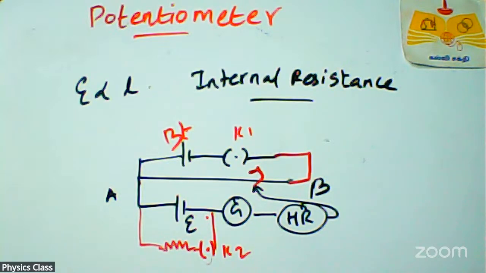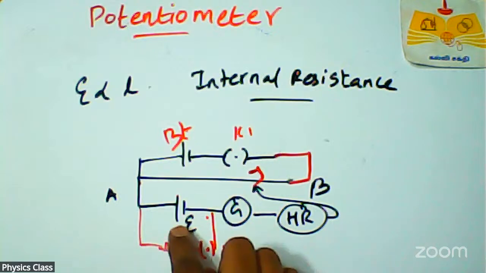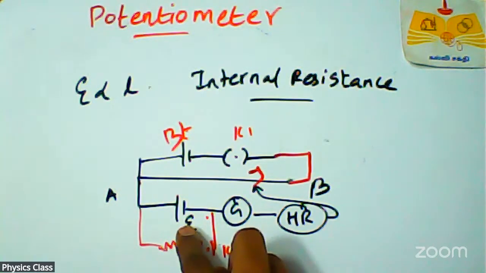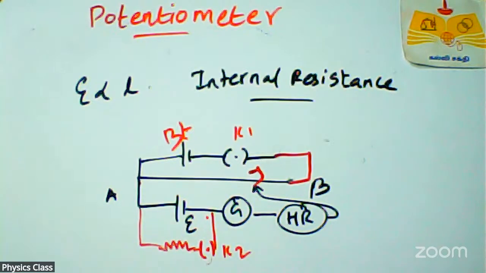So now also the same case. The positive terminal of the cell, which has an EMF E, whose internal resistance is to be determined. Okay, so that cell is connected, whose internal resistance should be determined in this circuit.